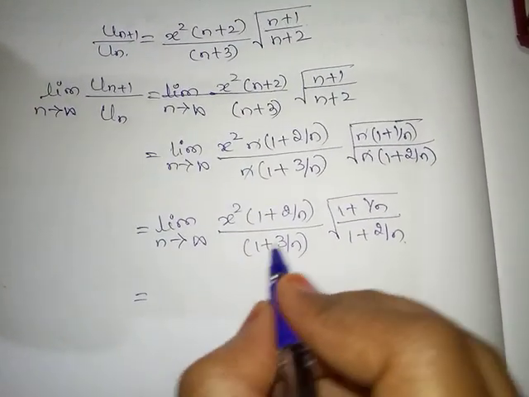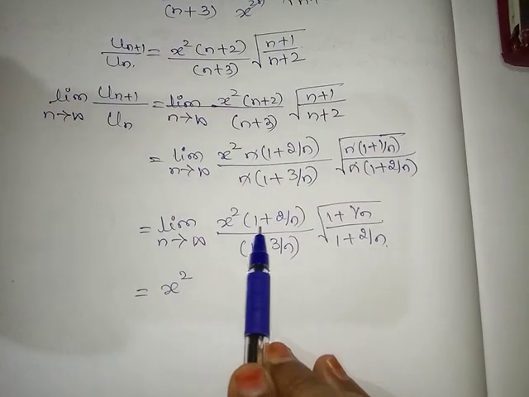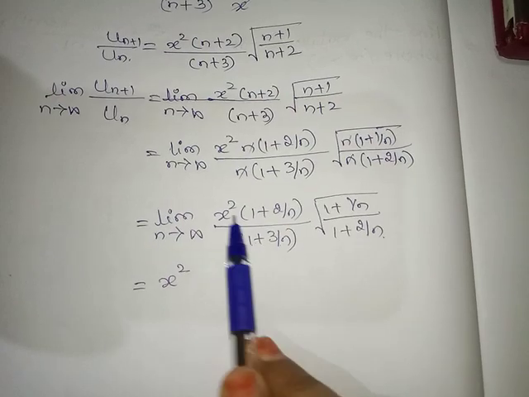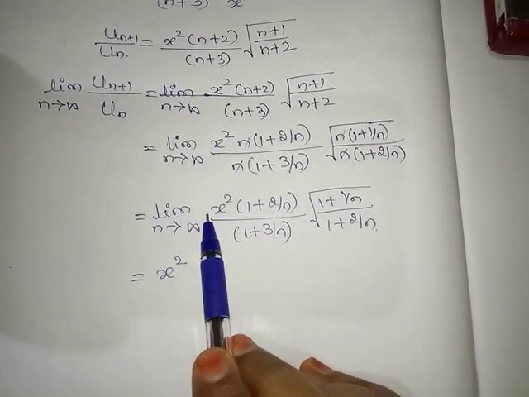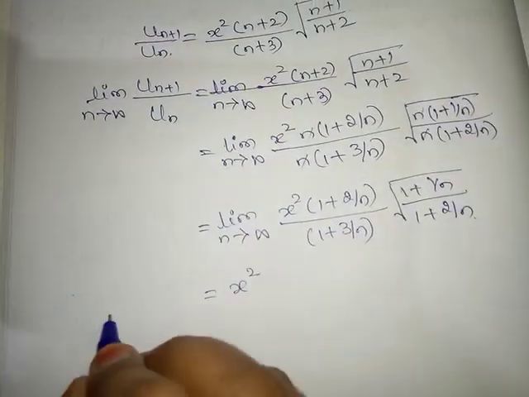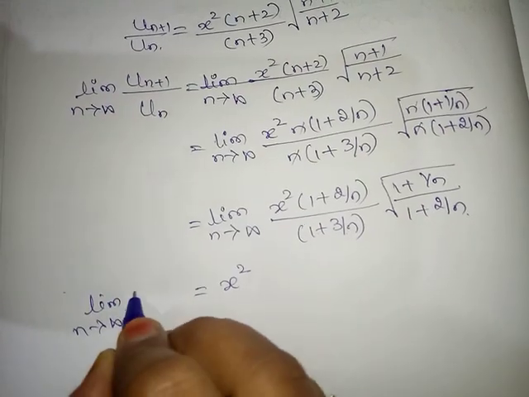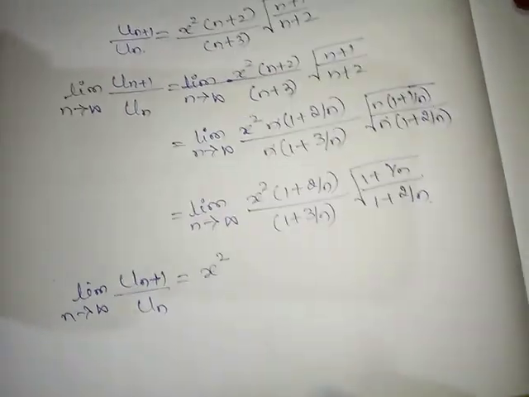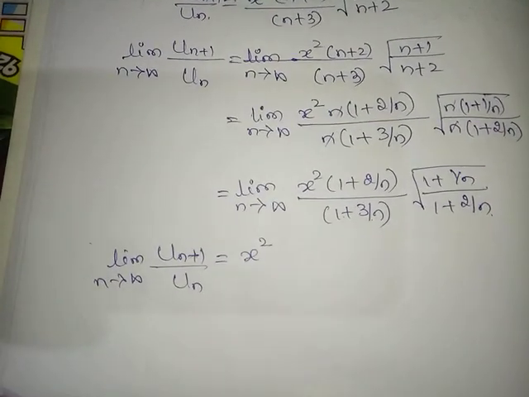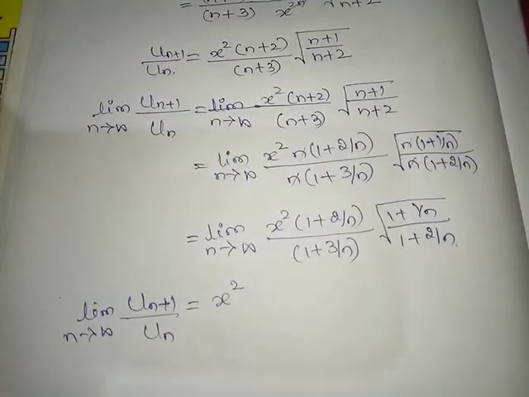Therefore, we get 1 by 1 into x square, which is x square. Therefore, limit n tends to infinity, un plus 1 divided by un is equal to x square. This is our limiting value for this given series.